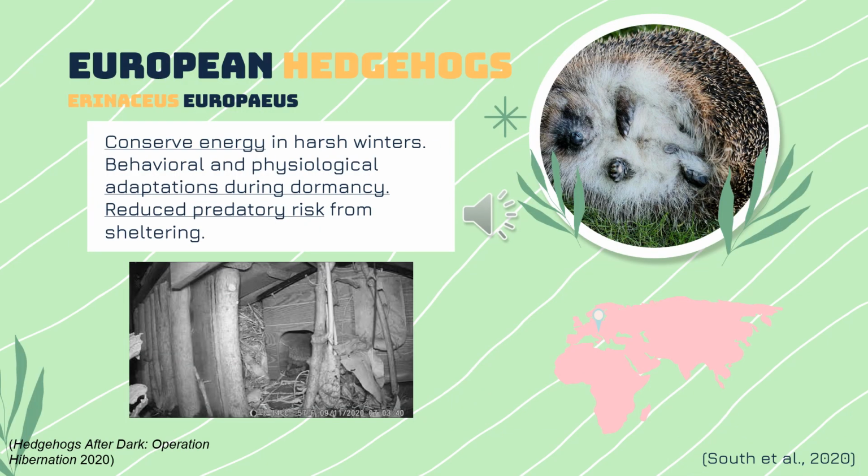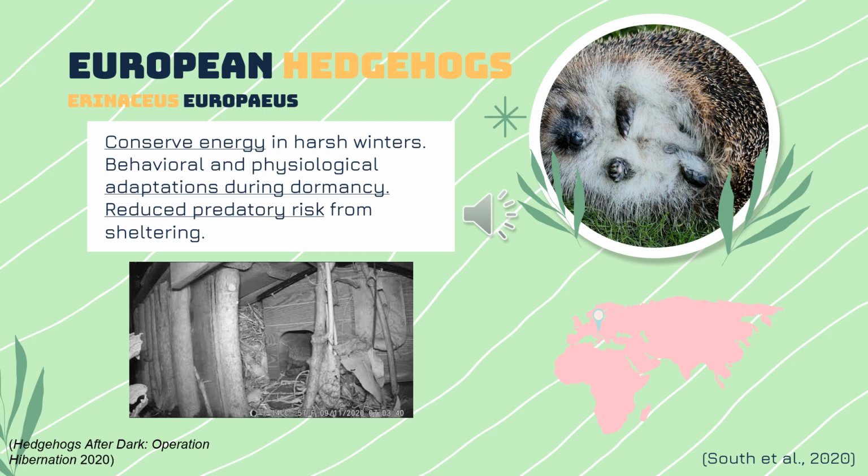During harsh winter conditions, hibernation allows hedgehogs to conserve energy reserves, ensuring their survival until more favorable conditions return. Studies have observed various behavioral and physiological adaptations in hedgehogs during dormancy, shedding light on their ability to adjust hibernation behavior according to environmental cues.